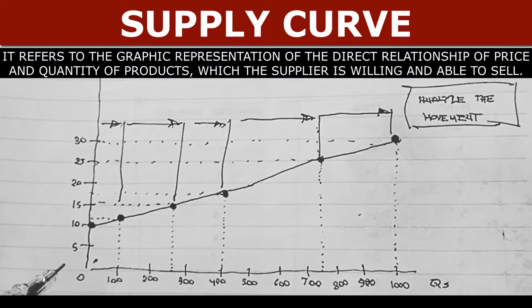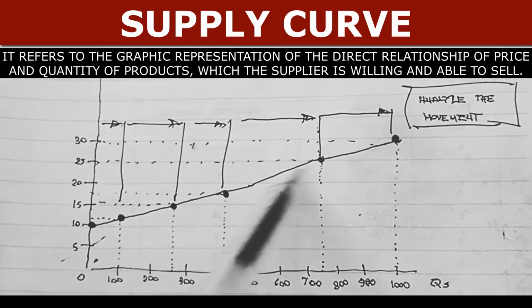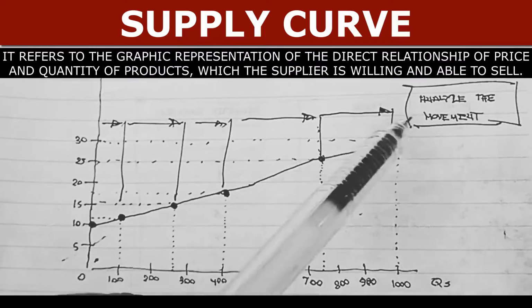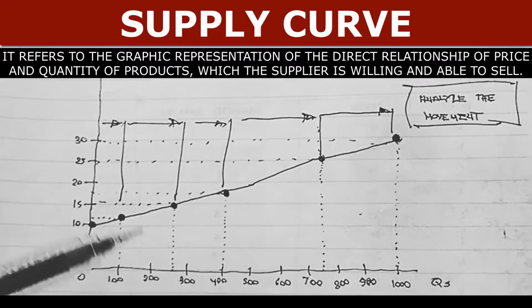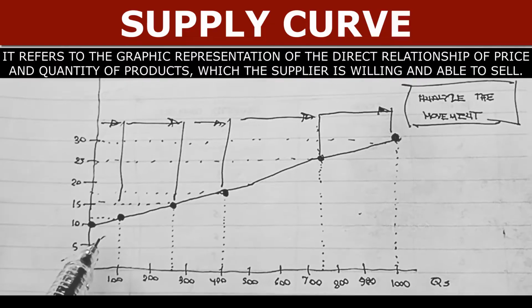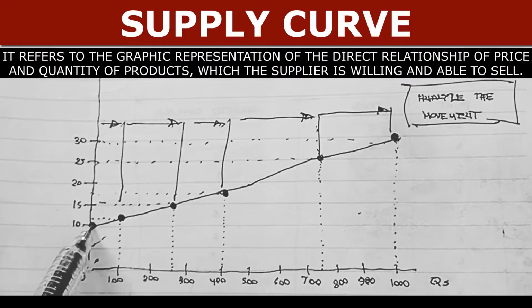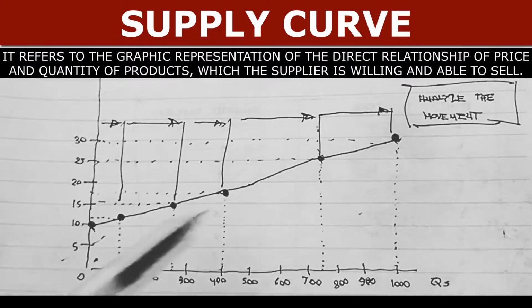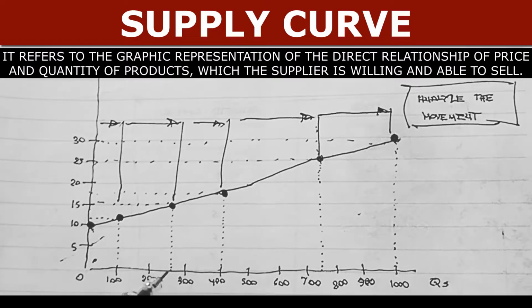A supply curve refers to the graphic representation of a direct relationship of price and quantity of products. The direct relationship of price means that the supply curve goes up. Because of that, there is a positive relation of the two variables.